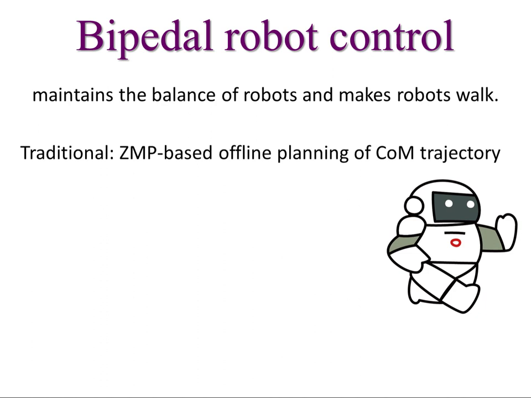This method has long been the standard for bipedal walking control. However, this method is based on trajectory planning, and it has been difficult to adapt to unexpected disturbances and ground irregularities.